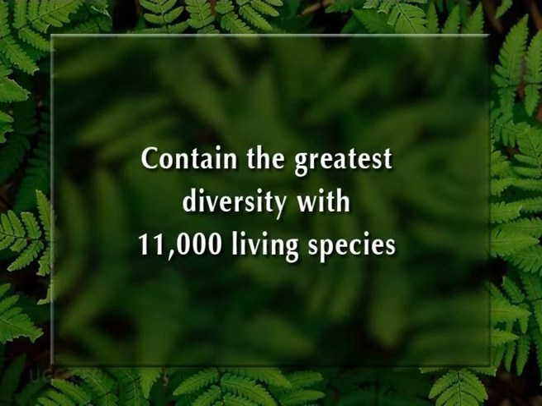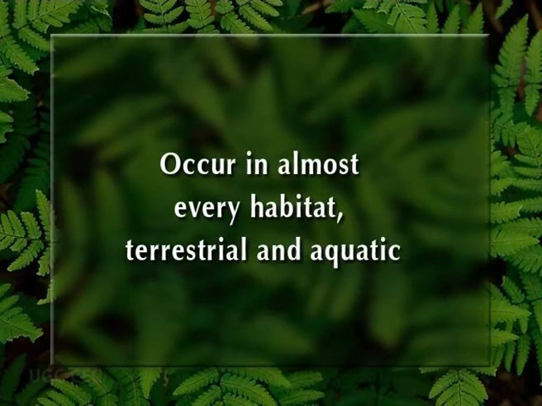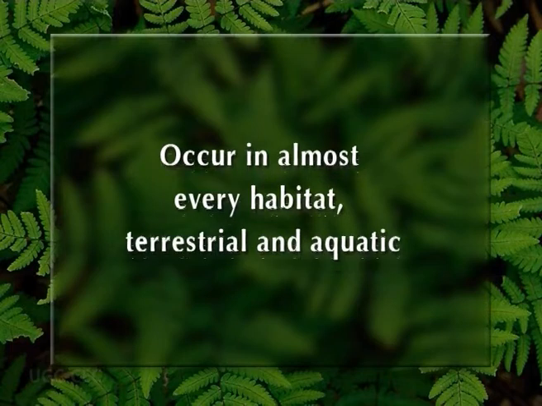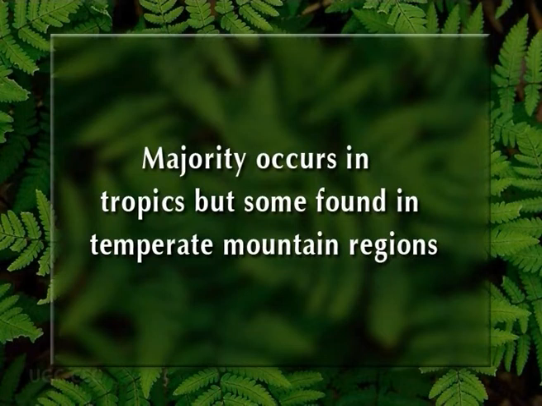The group contains the greatest diversity, with about 11,000 living species at present. These pteridophytes occur in almost every habitat, be it terrestrial or aquatic. The majority occur in the tropics, but some are found in temperate mountain regions.